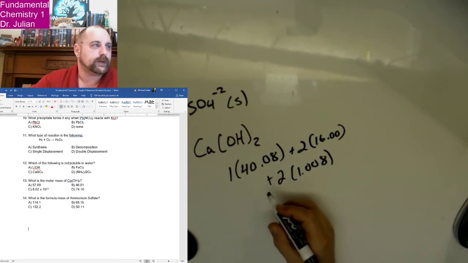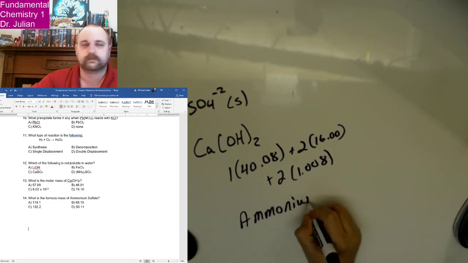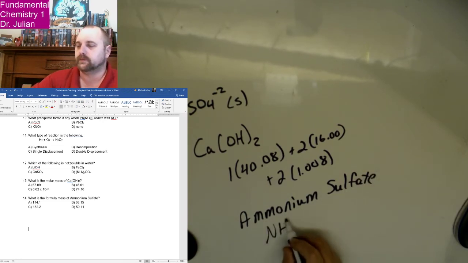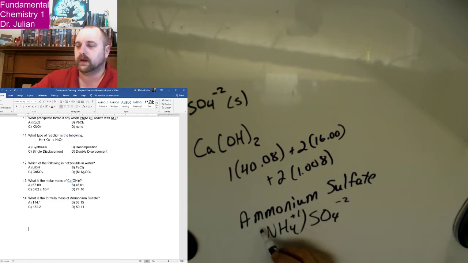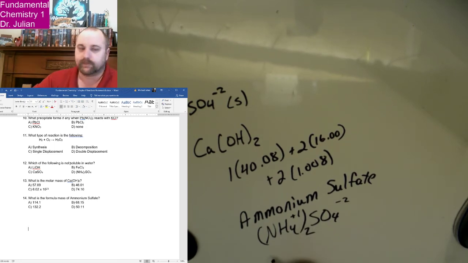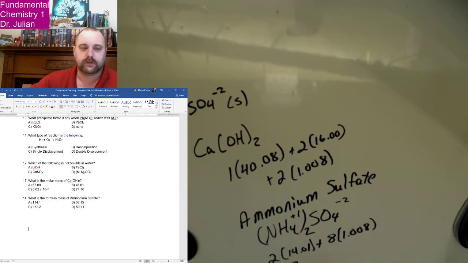Formula mass of ammonium sulfate. All right, so this is NH4, this is SO4. This is a -2, that's a +1. I need 2 of those. Sneaky. All right, so now let's do 2 times 14.01 plus 8 times 1.008 plus 32.07 plus 4 times 16.